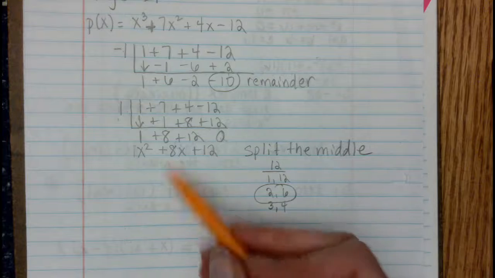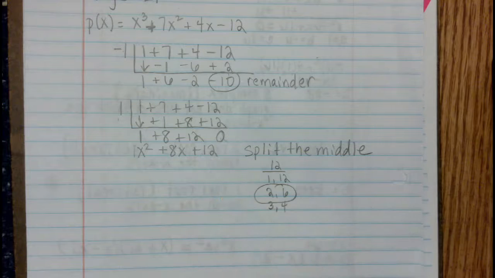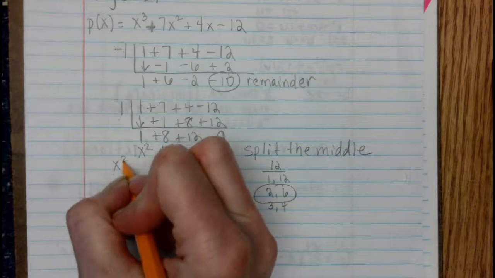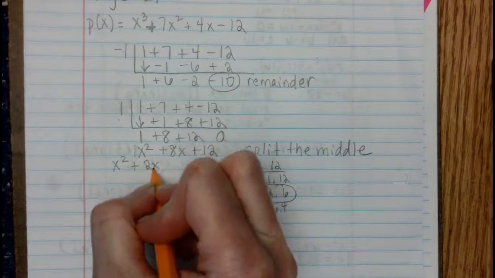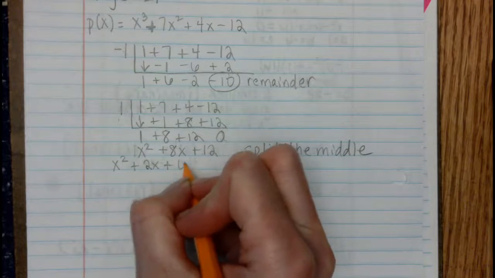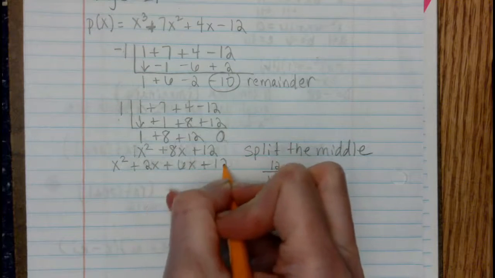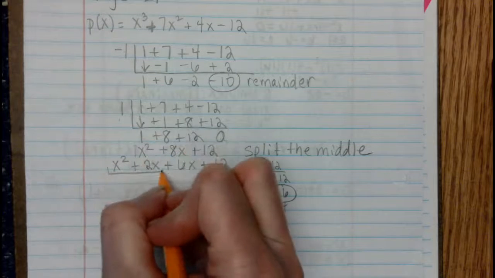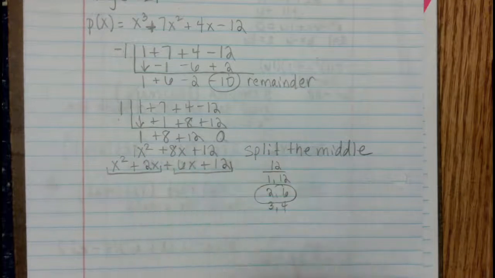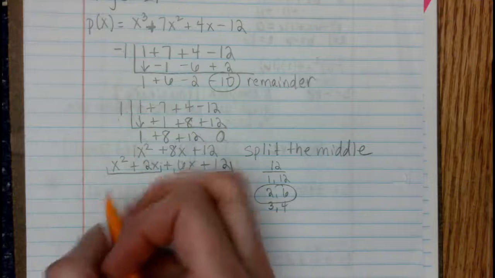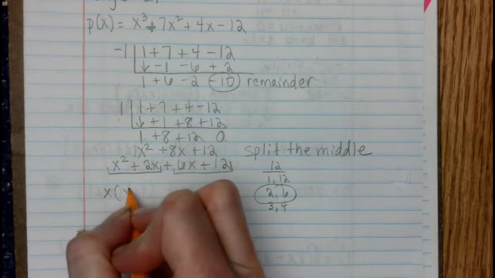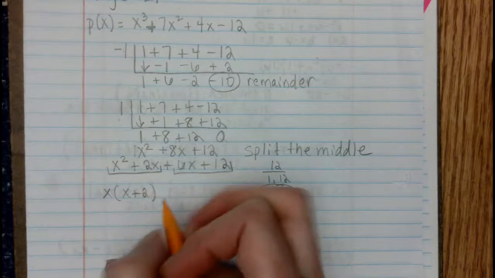Nice on this example that everything is positive. So this is going to be x squared plus 2x plus 6x plus 12. Our greatest common factor in the first group is x, and we're left with x plus 2.